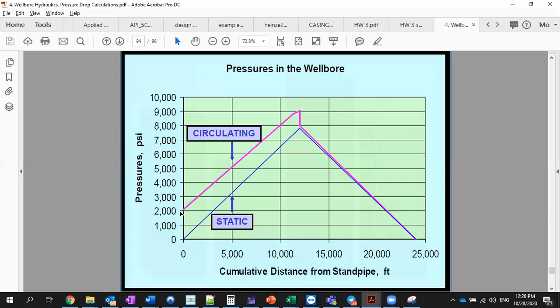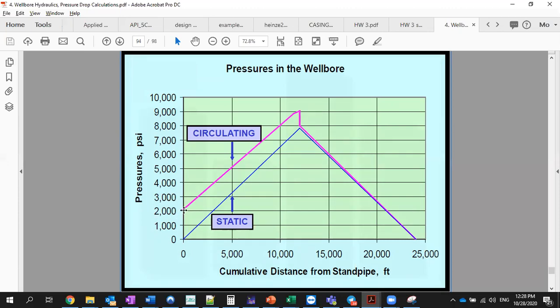So the first point here, this circulating one, is what? What is this 2000 psi there? Pump pressure. Pump pressure, right? So you start from pump pressure because that's the surface, that's the pump pressure. So that's what you start with, right?